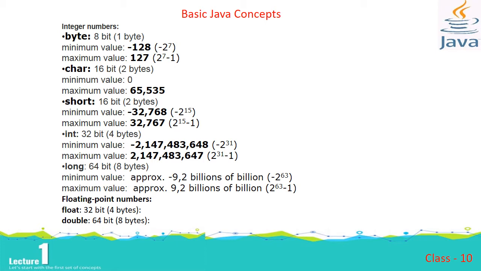Long is of 8 bytes, that is 64 bits, and the range is -2 raised to the power 63 to 2 raised to the power 63 minus 1. Now the floating point numbers, we have 2 types, that is float, which is of 4 bytes, and double, which is of 8 bytes.